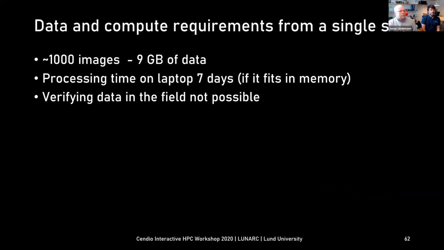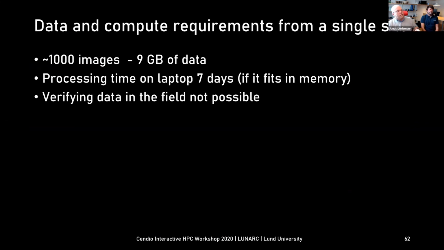It can be a lot of images. For example, 1,000 images, 9 gigabytes, and now they are doing even larger images. So it's very hard to do this in a reasonable amount of time. Processing of this can take up to 7 days if you have a laptop. If you're out in the field, you would like to be able to do a quicker analysis and see that you have everything covered.